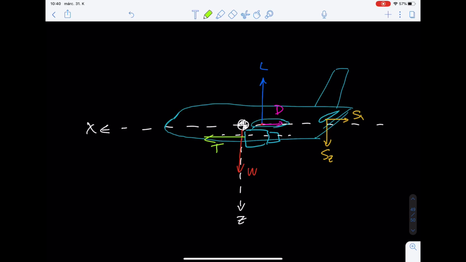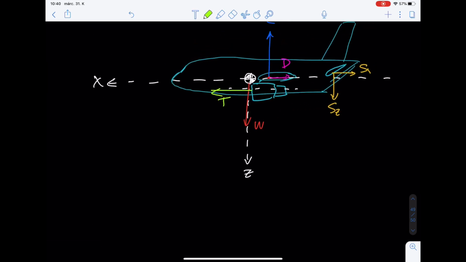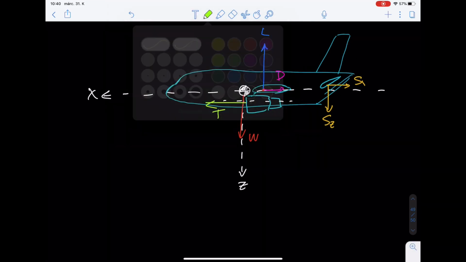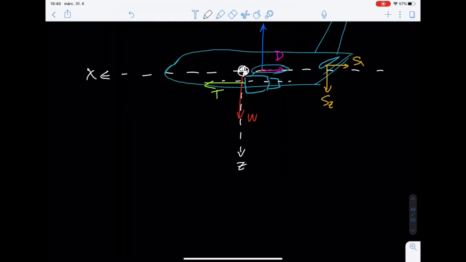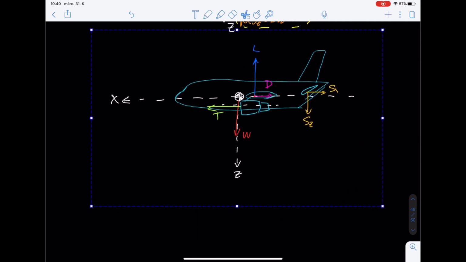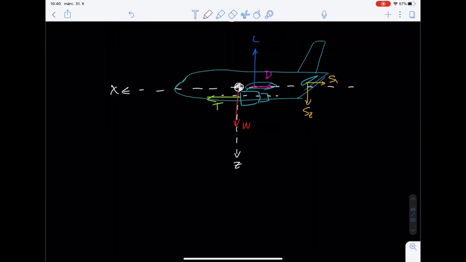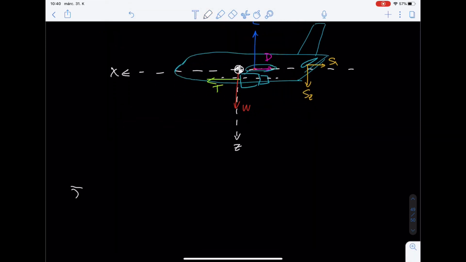Okay, so this is a little bit of a clearer image of what's going on with the forces. Right, so let's try and sum up the forces in all directions. We're going to sum up the forces in the x and z direction, just like we usually do, because if you remember, that's how we usually got to the conclusion of the final equation.